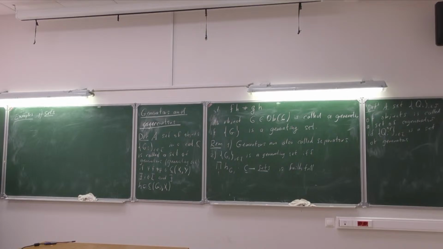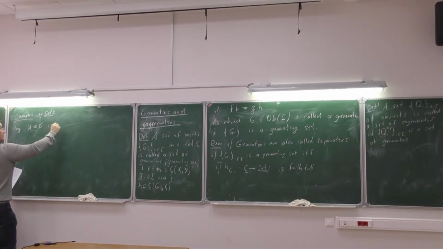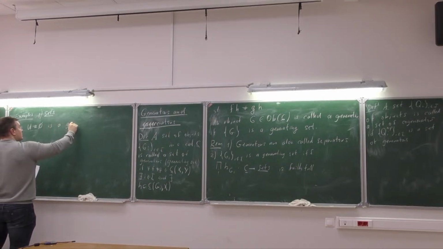Yeah, the point is fine. But how about the set with two elements? It also works. So essentially any set which is not empty works. So any U which is not an empty set is a generator.